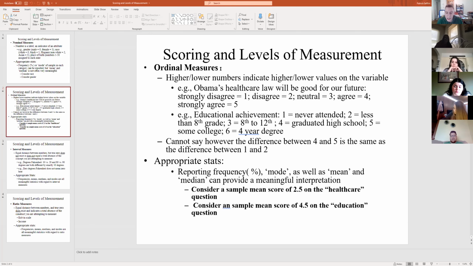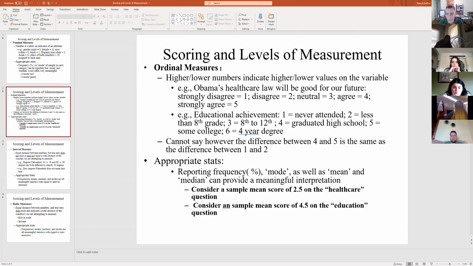So you can get a sense from the sample as a whole what the average response is for a Likert type item. And then on the 4.5 on the education question, a 4 is graduated high school and a 5 is some college.